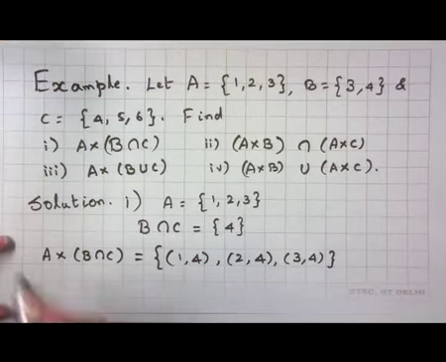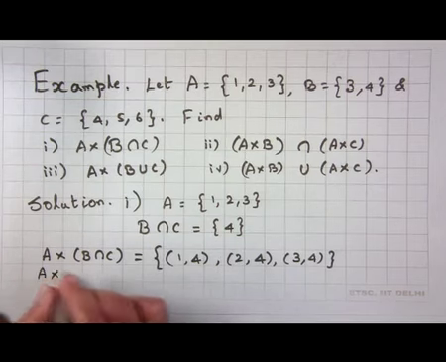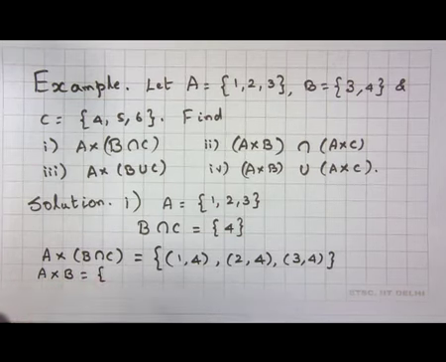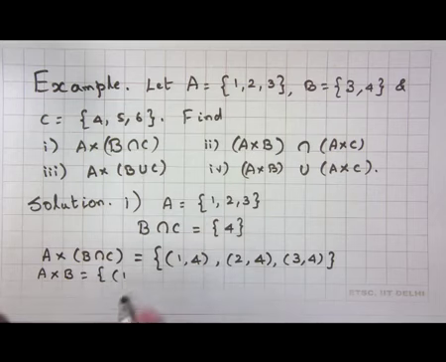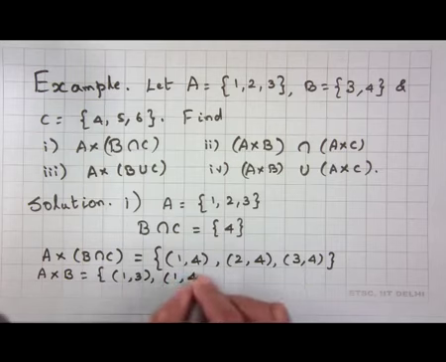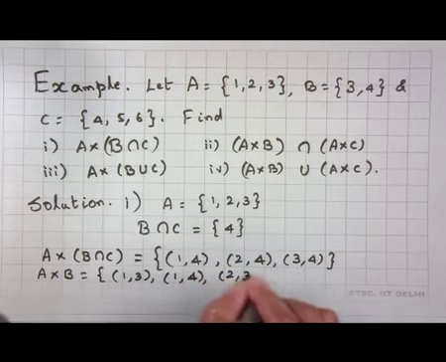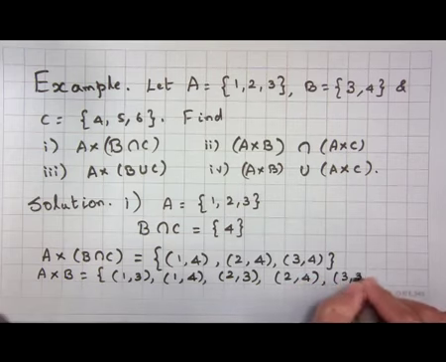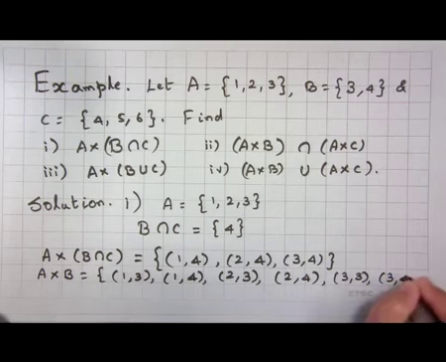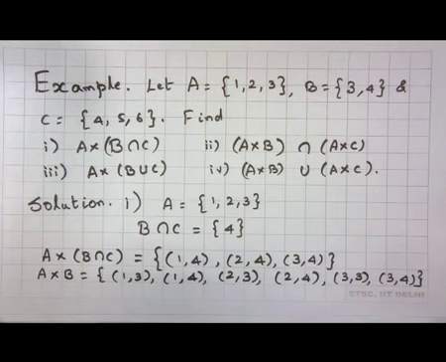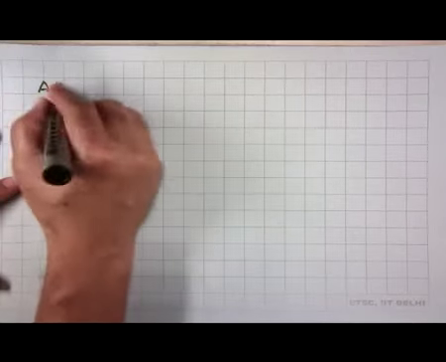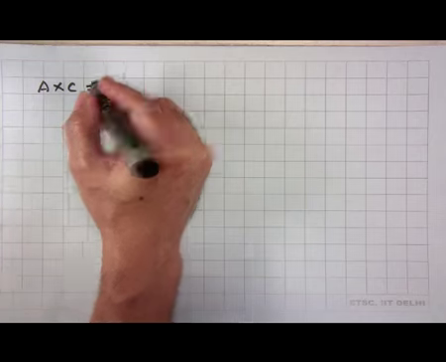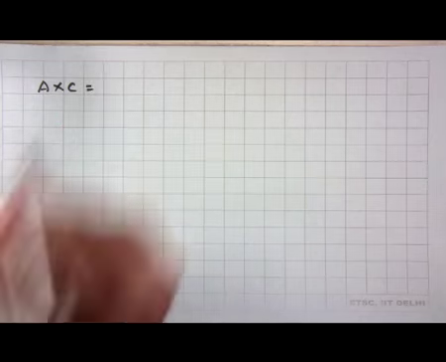Now, let us try to calculate A cross B, which is, so B is {3, 4}, therefore, (1, 3) and (1, 4). Similarly, (2, 3), (2, 4), (3, 3) and (3, 4). This is A cross B. Now, let us try to calculate A cross C, and we know that C is {4, 5, 6}.